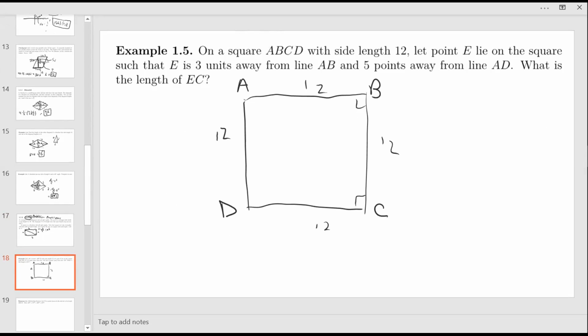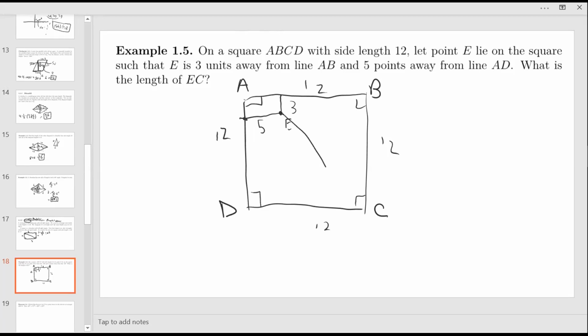Now these are all right angles, and we have a point E such that E is 3 units away from AB and 5 units away from AD. So it would be something like this. And then it's asking the length of EC. So asking the length of this.